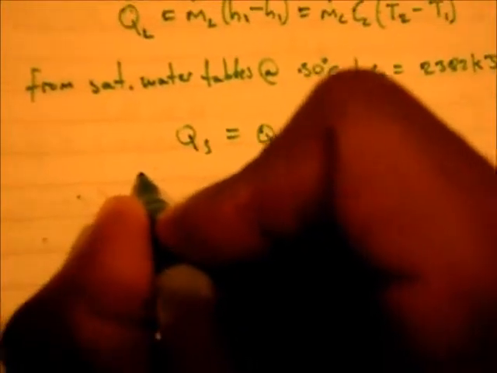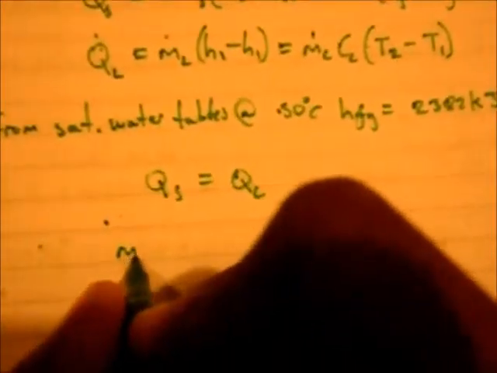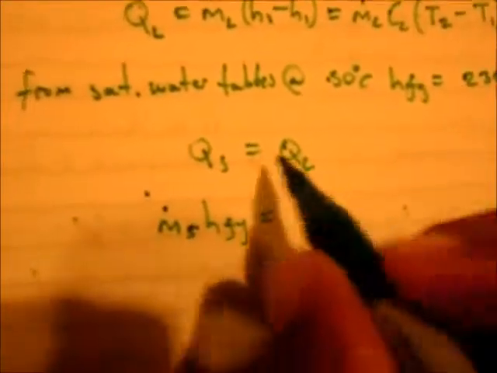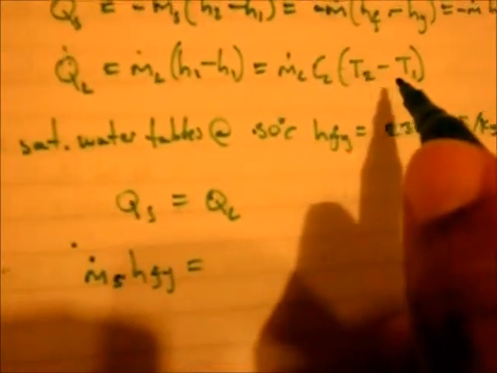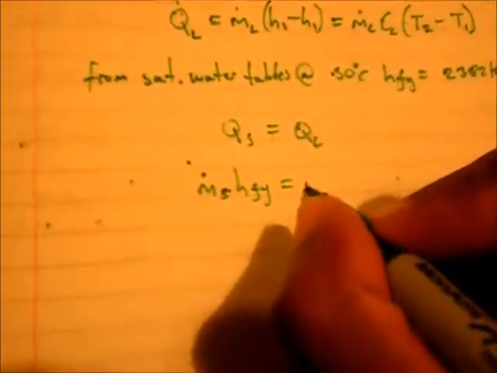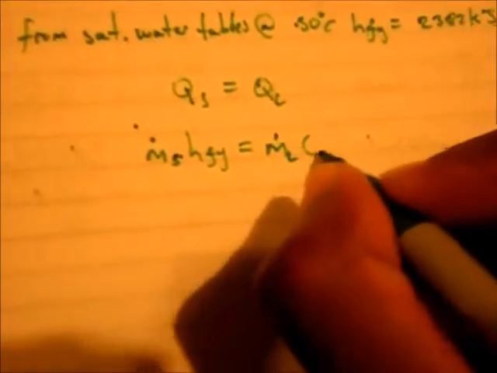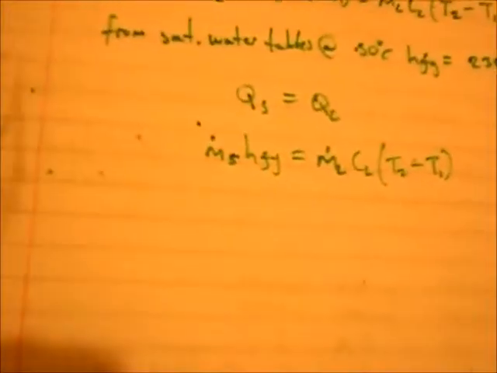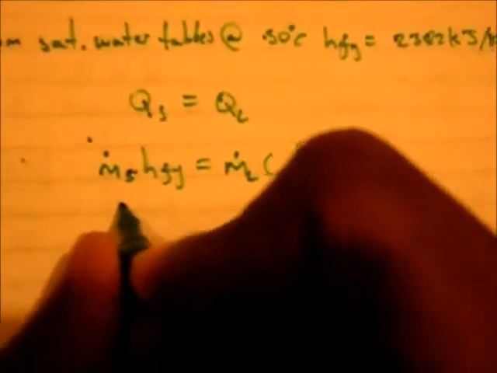Therefore, since QS is equal to minus m dot hfg, then m dot S hfg is equal to QL, which is m dot L CL times (T2 minus T1), and you just plug all that you're given into the formula.